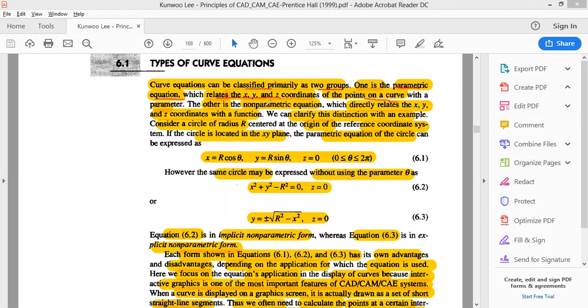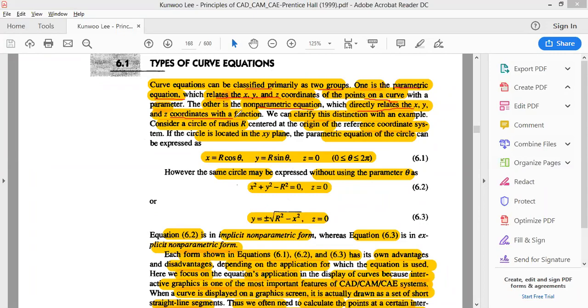The other one is a non-parametric equation, which directly relates to the XYZ coordinate. The non-parametric will relate it directly to the XYZ coordinate, but in the parametric equations, they are related by some other means to the XYZ coordinate, because however the curve is going to be, it has to be somewhere within that space of the XYZ axis only, right? So the same curve can be represented in two forms: the parametric equation and the non-parametric equation.